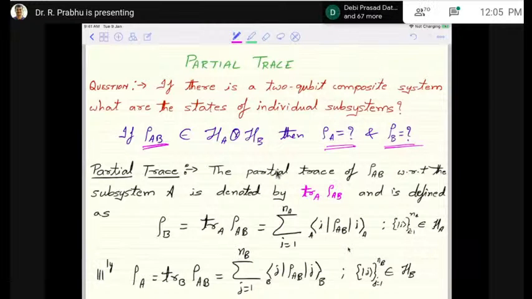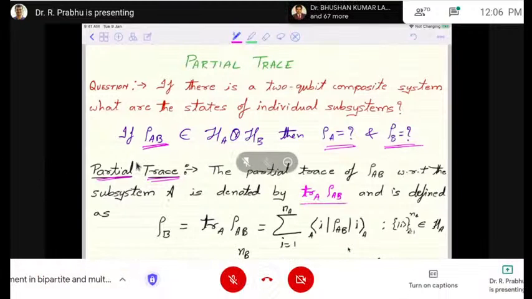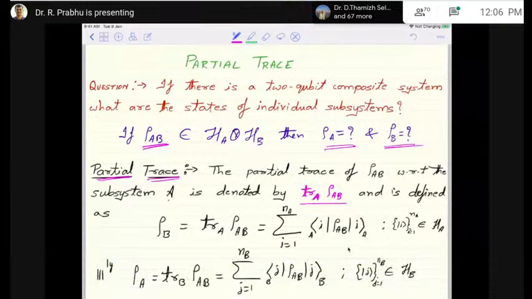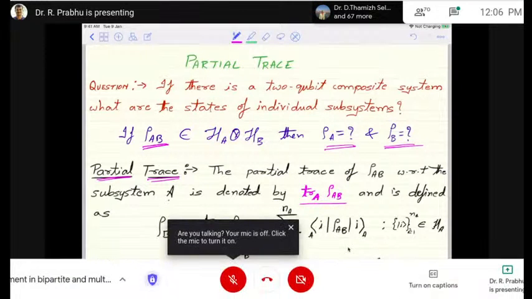This can be obtained by a procedure called the partial trace. The partial trace of rho_AB with respect to the subsystem A is denoted by trace with respect to A of rho_AB, and is defined as follows.